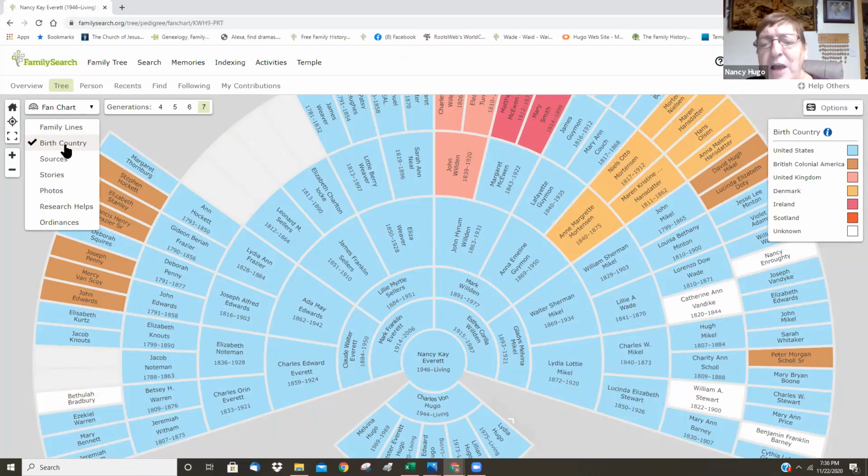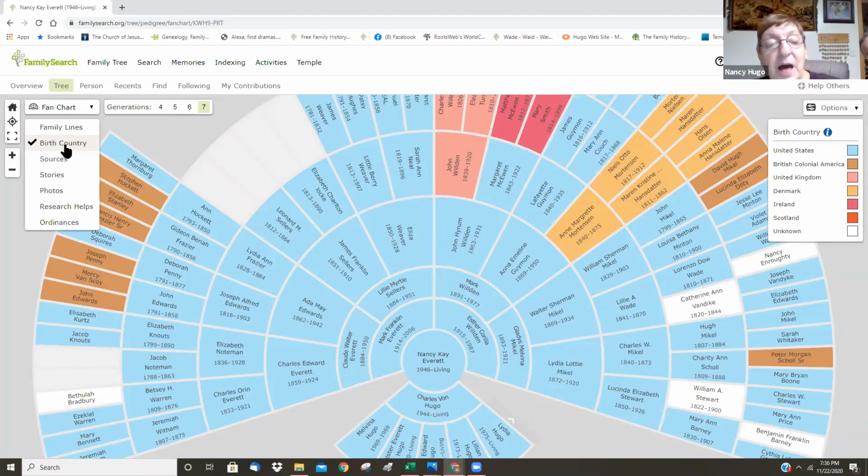So the fact that my United States family is all blue does not mean that your United States family is going to be blue. The way that they know this is by where I listed the birth location.